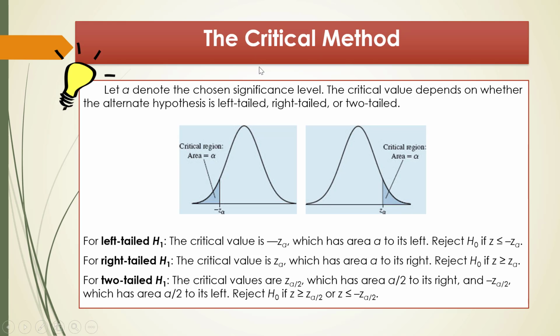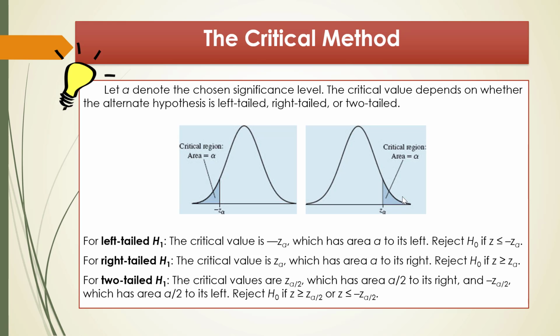Here for the critical value method, suppose alpha is 0.05. If the value is to the left of minus z alpha, suppose we're looking at the left-tailed test, the probability of the area to the left of minus z alpha is alpha. So if the test statistic falls into this tail, we say it is an unusual value. Similarly for the right tail and two-tailed.